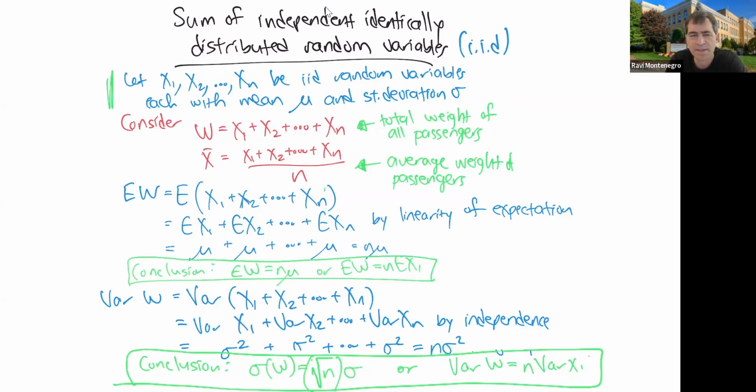So these formulas tell us how to find the mean of a sum, like the total weight of all passengers, and the standard deviation or variance of that sum, such as if we needed to look at how much the weight of all passengers varies. Now, naturally, we might want to look at X bar as well. W was total, but in many cases, we're interested in averages more than totals.